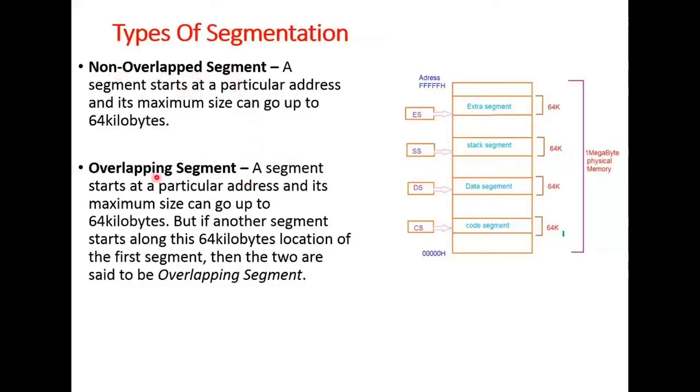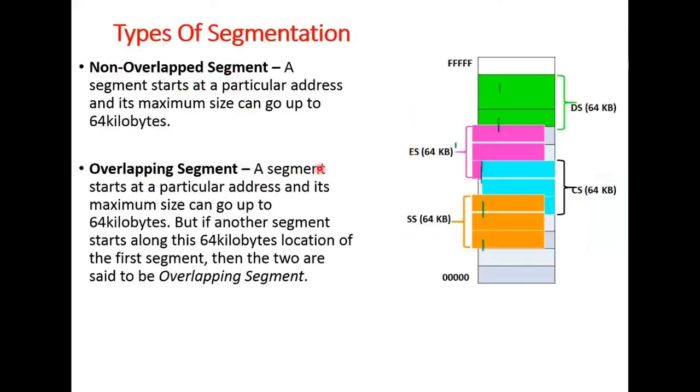Whereas overlapping segmentation is this one. In this also we have four segments: DS, ES, CS and SS, all having 64 KB of memory, but the difference is that here the green part is overlapped with this rose pink part.